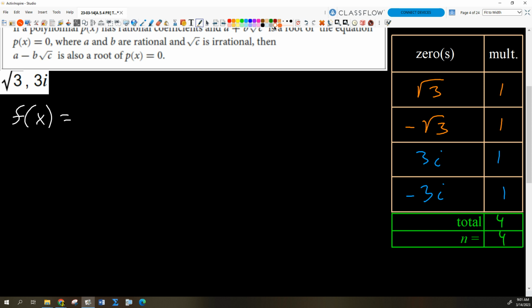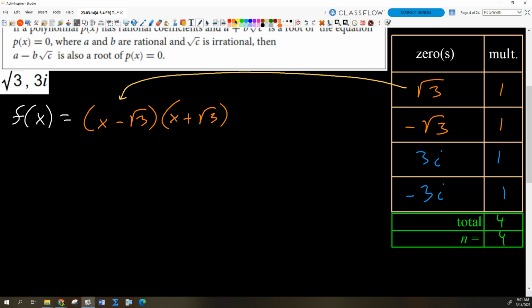So I'm going to get x minus square root of 3 from this guy. What's the factor that goes with negative square root of 3? X plus square root of 3, which is the same as x minus negative square root of 3.